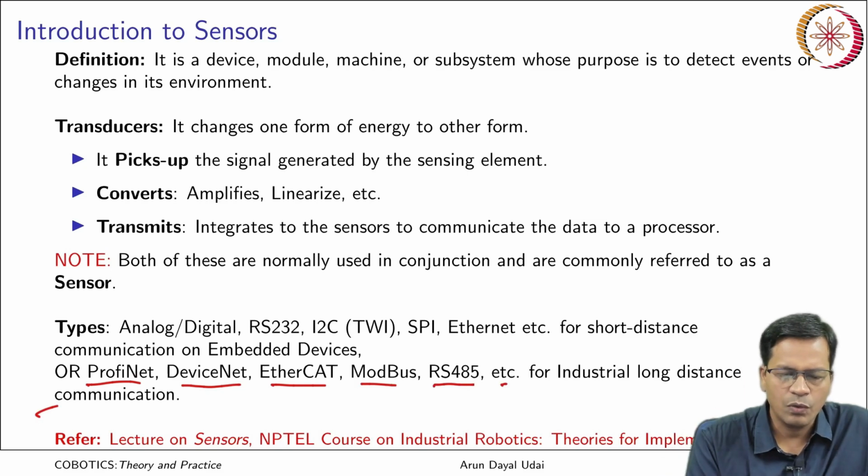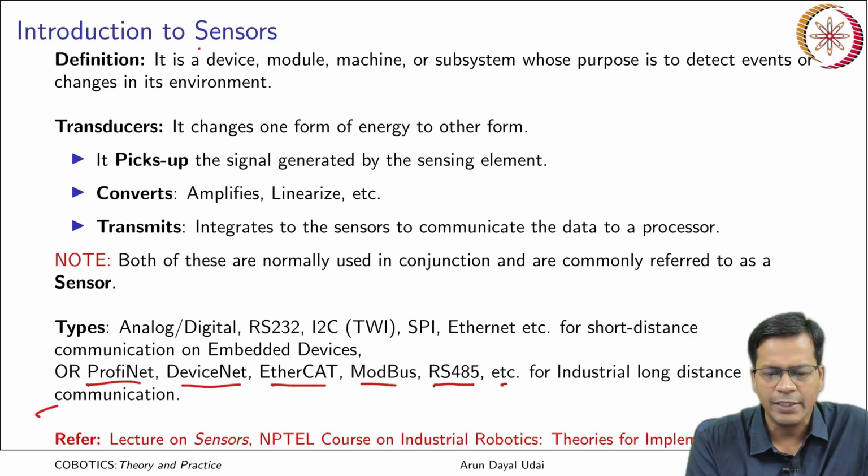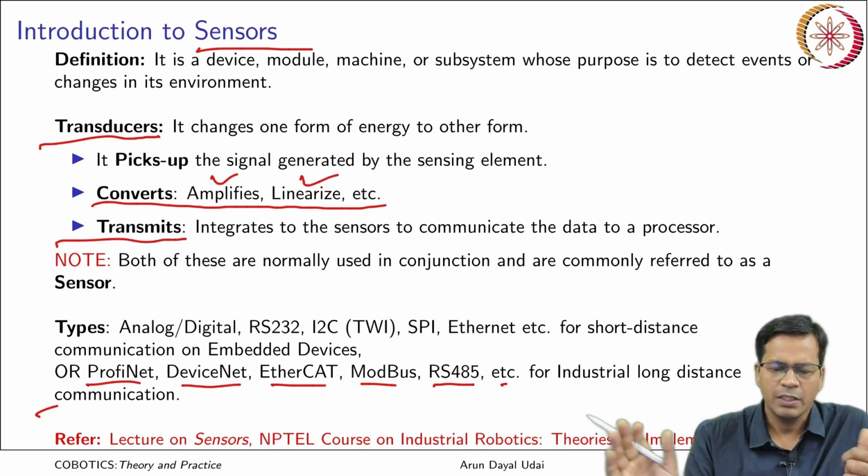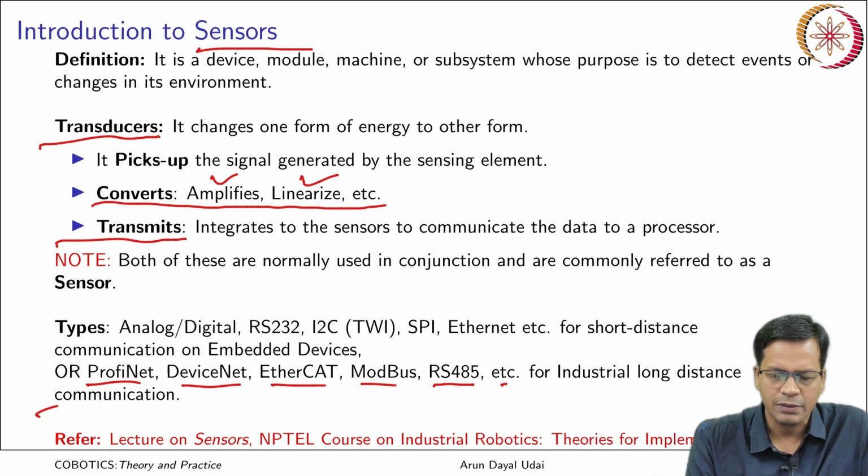Okay. So, mind it, your sensor has the sensing element, the transducer and the transmitter. The transducer can convert from one form to the other, it amplifies, it linearizes, and finally it transmits. So, the transducer again has three functions, as I have discussed.